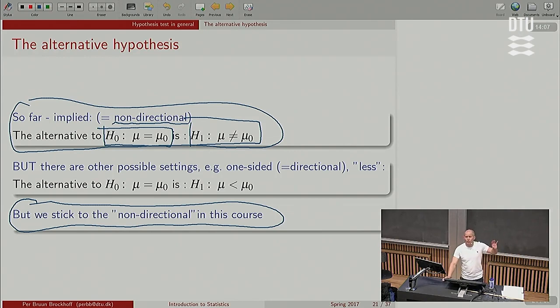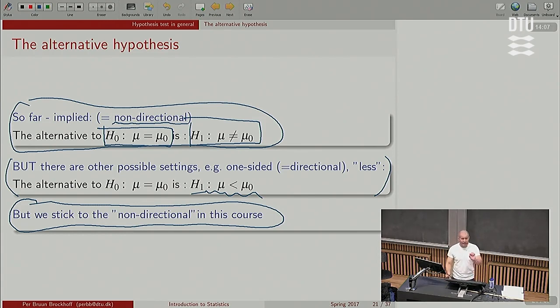Previously, we talked more about those other settings, because there could be situations where the alternative would be not non-directional, but directional like this. It does exist. It also exists in R.